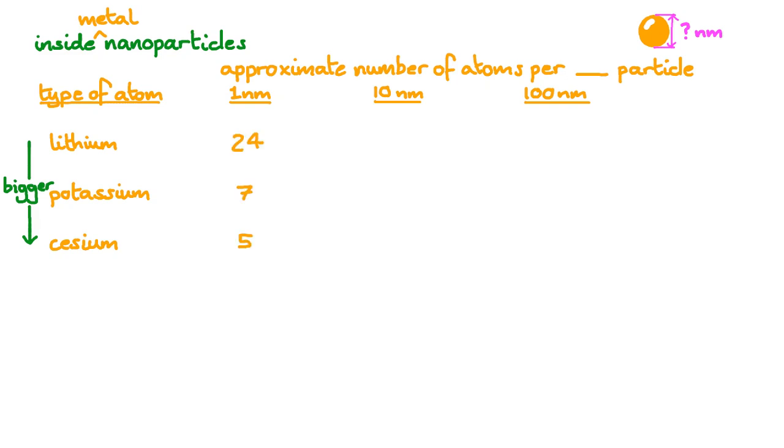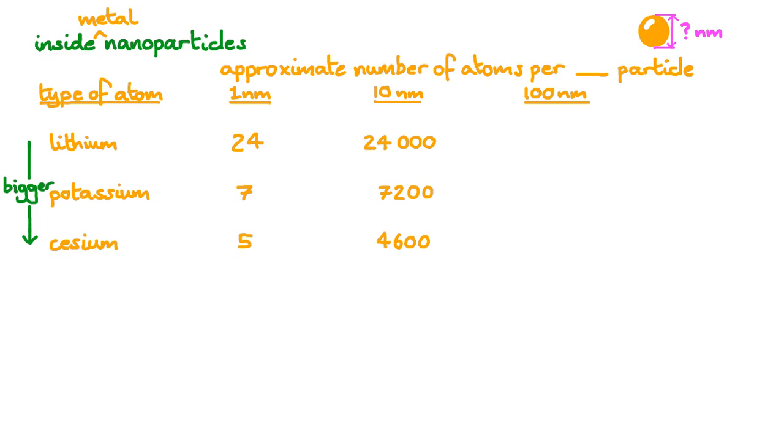In a 1 nanometer lithium particle, we'd expect about 24 atoms, but a 1 nanometer particle of cesium would only have 5. A 1 nanometer particle has a strict volume. We can fit fewer big atoms and more small atoms in the same volume. We can fit many more atoms into a larger particle.